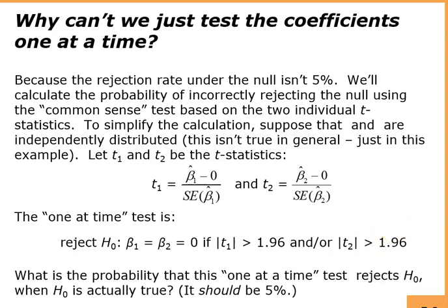1.96. But as I mentioned earlier, what is the probability that this one at a time test rejects the null hypothesis? It actually comes out to be greater than 5% when it should be 5%, because we are actually testing for the level of significance of 5%.